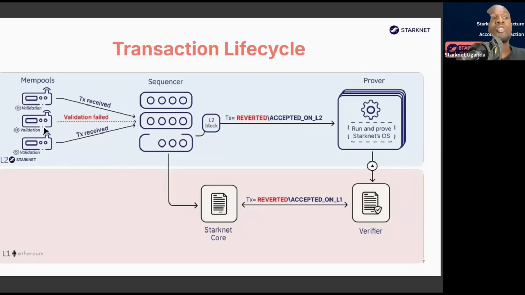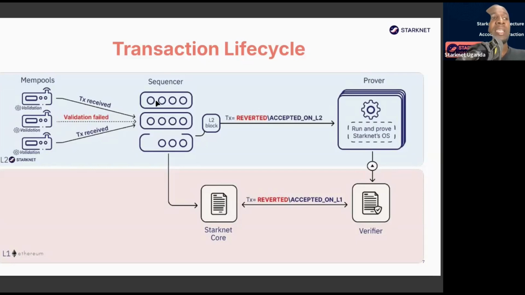So once a transaction is sent to the sequencer, this is a mempool. If I use the bouncer analogy, one person is being checked by the bouncer, and once they are verified that this person does not have any harmful weapon, they are let in. So these are the mempools.